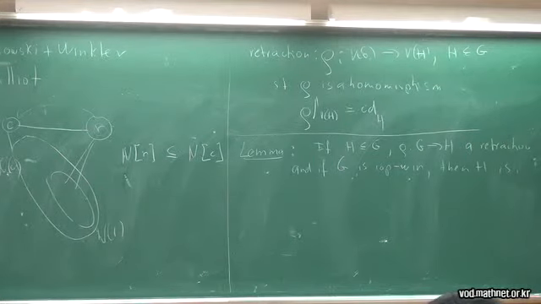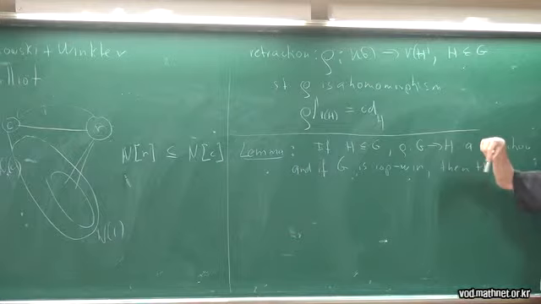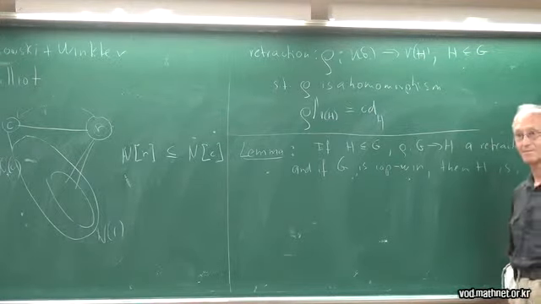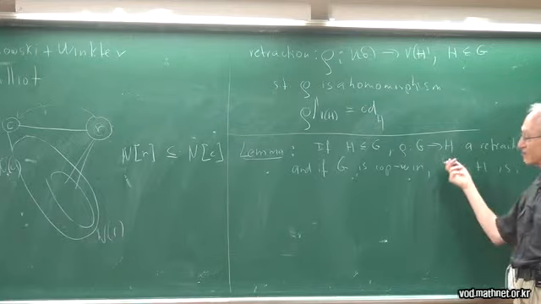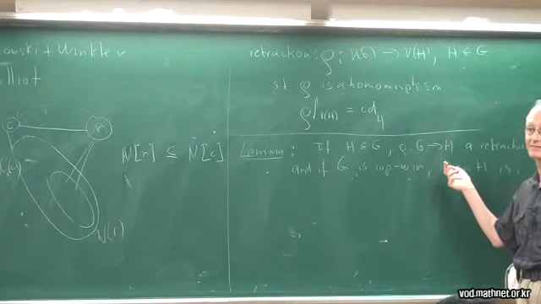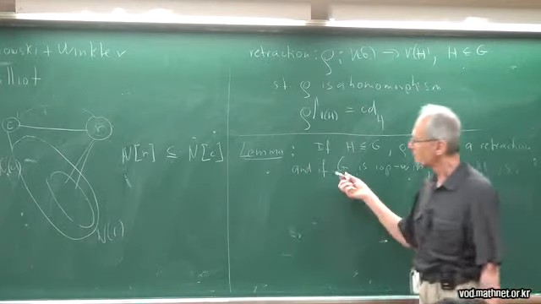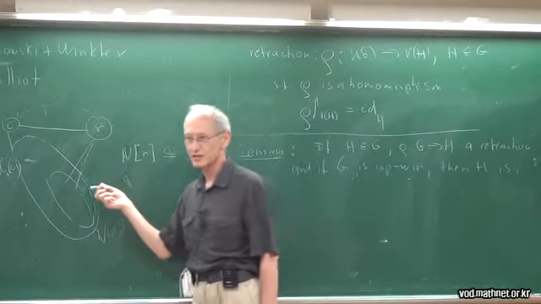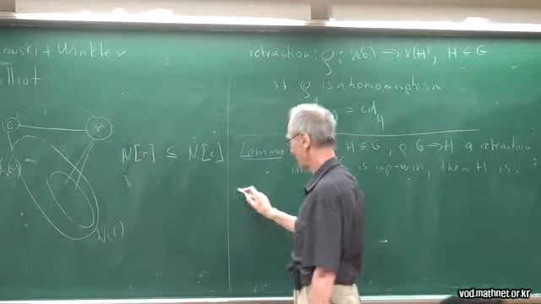And what you do is you play on H as if you were on the image upstairs. And in fact, for a retraction like this, it's an if and only if. But with this and this observation, we have a theorem.